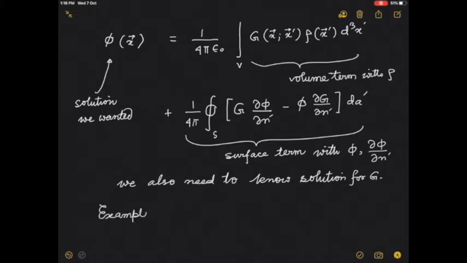So look at an example. What is the example?